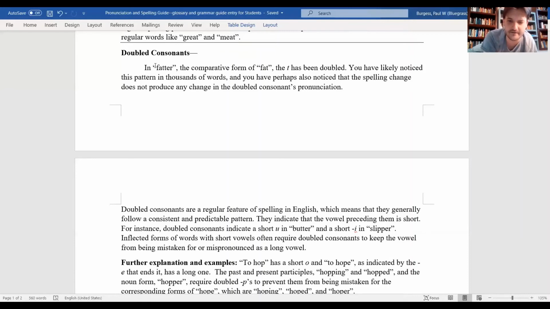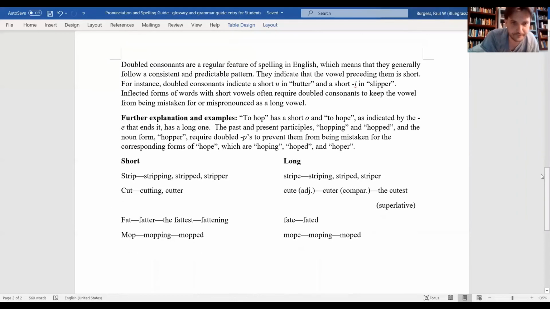And in the case of double consonants, we have letters that affect other letters. The double consonants, as in butter, fatter, hopping, shopping, stopping, are there to influence the vowel. Okay, so basically, double consonants keep a short vowel sound.